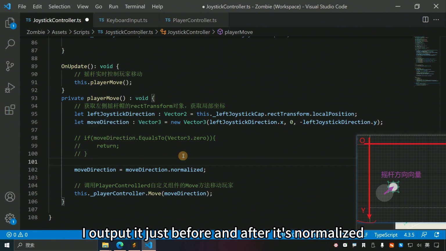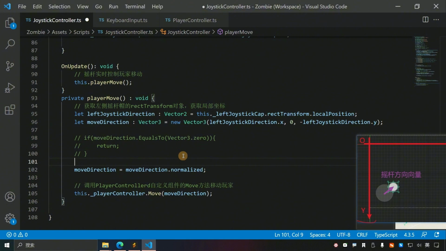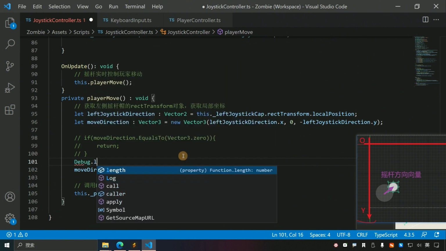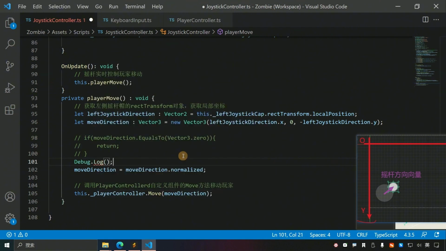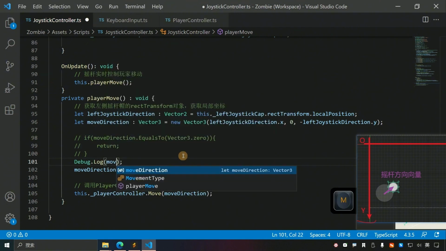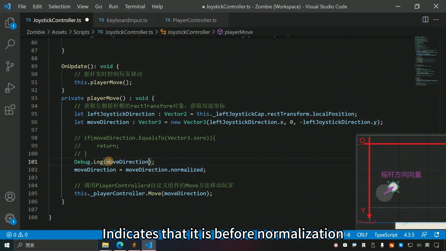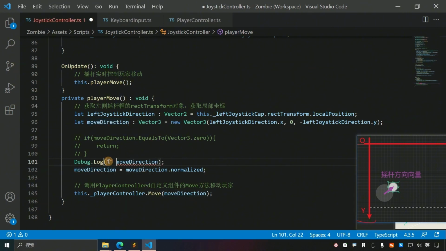I output the value of the moving direction just before and after it's normalized. Add a label in front of it indicating it is before normalization, and another for after normalization.